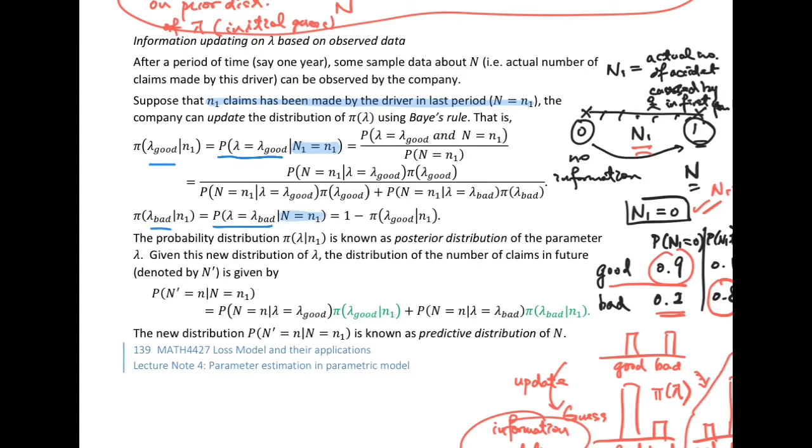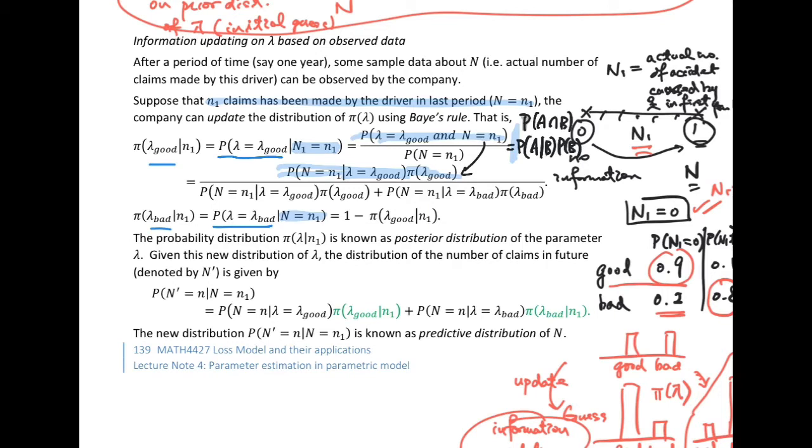In order to get this conditional probability, we can use the definition of conditional probability, which is equal to that. Then, using the multiplication rule, you can break down the numerator into this. Just remember the probability that A and B can be written as the probability of A given B multiplied by the probability that B happens. So this is what you get for the numerator.